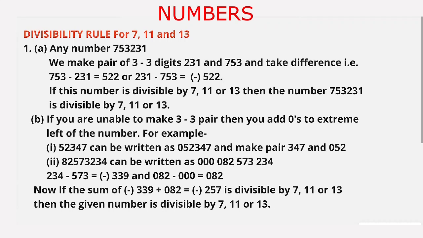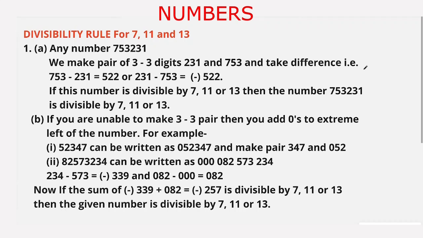Now we go to concepts of divisibility rule for 7, 11 and 13. The first tip is Part A. Take any number, 753231. This is a 6-digit number. We make pairs of 3 digits, and these pairs are 231 and 753.